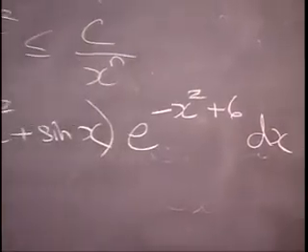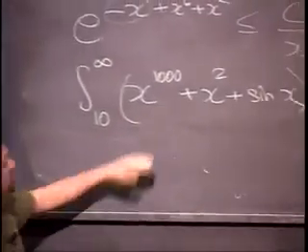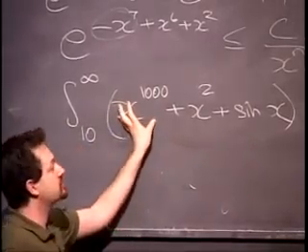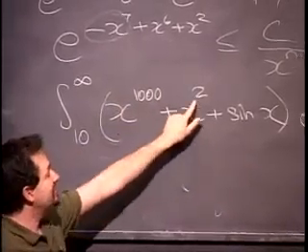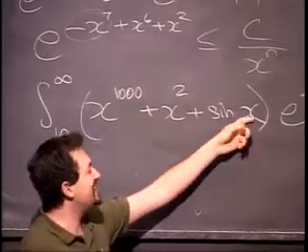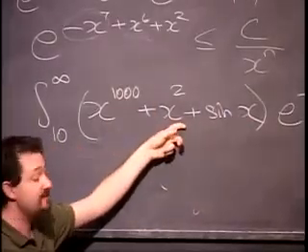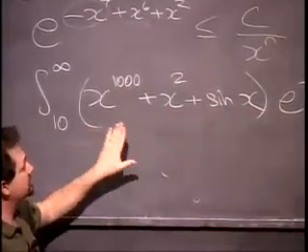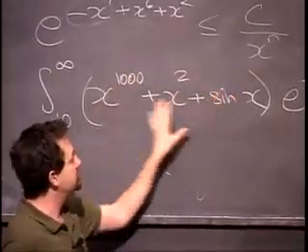All right, so we have 2 factors. This factor is dominated by x to the 1,000, the highest degree term. We've already discussed that x squared is insignificant, and actually sine x is insignificant even compared to the x squared, let alone to the x to the 1,000.